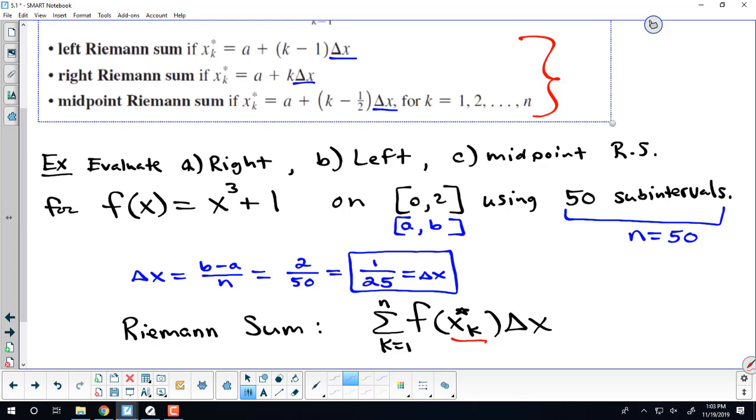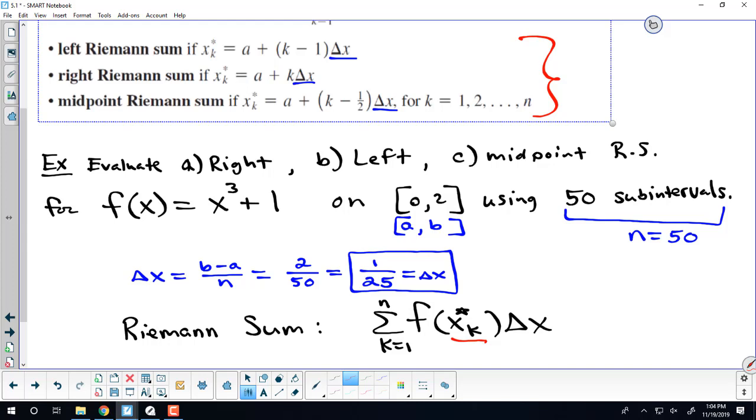The f of x star, in the sense of an area, what did that give us? Just in a really general sense. Yeah, the area under the curve. In particular, what is f of x star sub 1? The grid points were the endpoints of each rectangle.